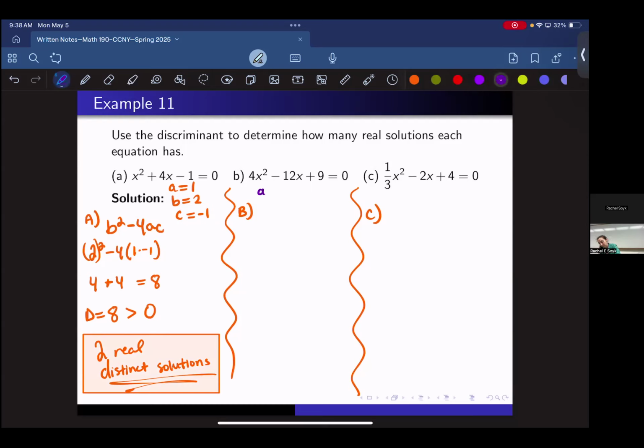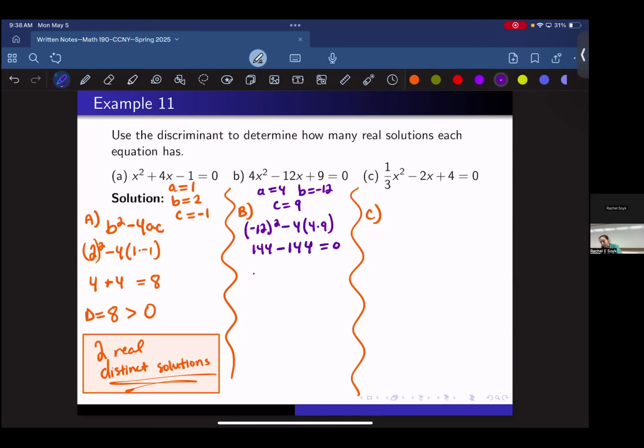Next one, A is 4, B is -12, C is 9. -12 in parentheses squared minus 4ac. 144 minus, we have 36 times 4 is 144.